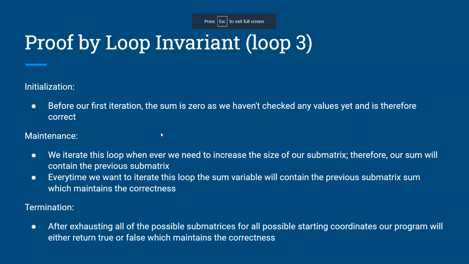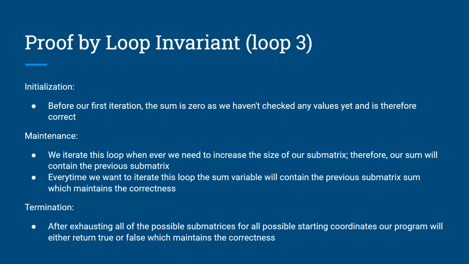So before our first iteration, the sum is 0, as we still haven't checked any values yet, and therefore this would be correct. Now, as we iterate this loop, whenever we need to increase the size of our submatrix, our sum will contain the previous submatrix, so that we're not doing as many additions.